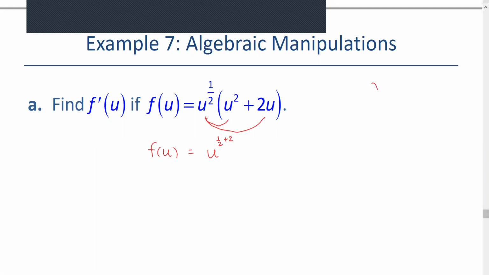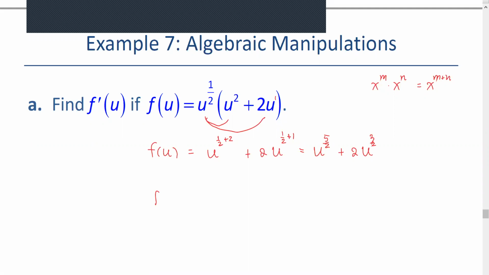If you recall, x to the power m times x to the power n is x to the power m plus n. So 2 times u to the 1/2 plus 1 for the second term. Simplify the power, we get u to the power 5 over 2 for the first term, plus 2 times u to the power 3 over 2 for the second term.